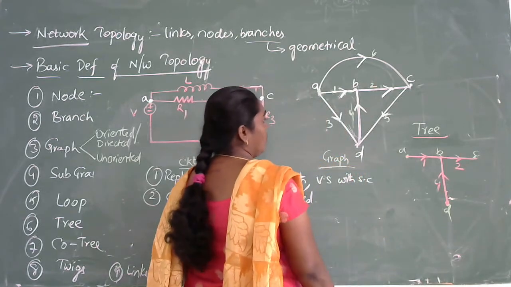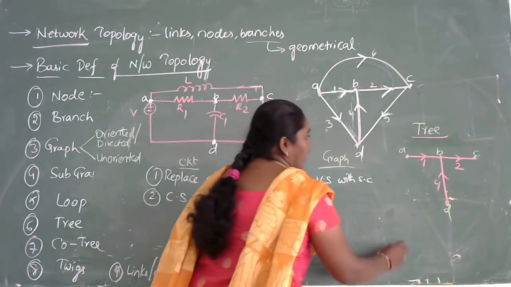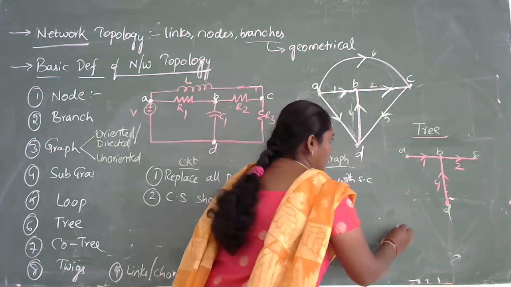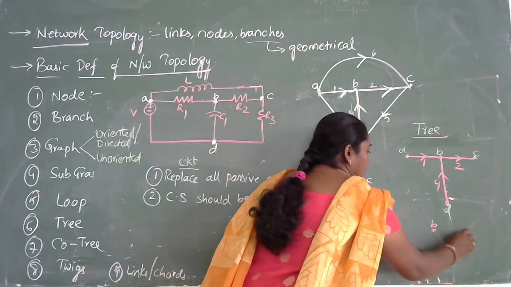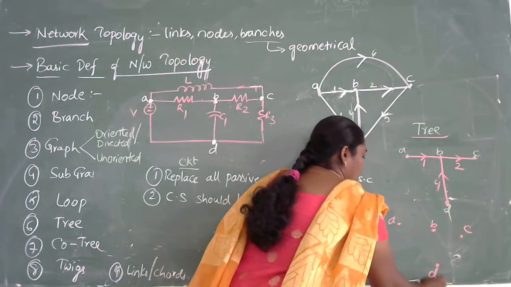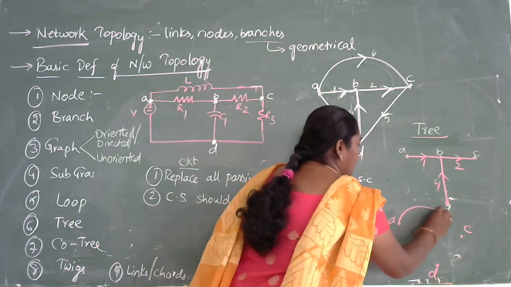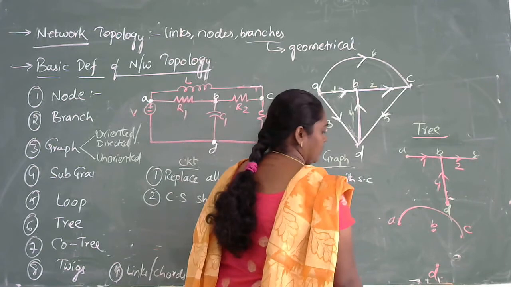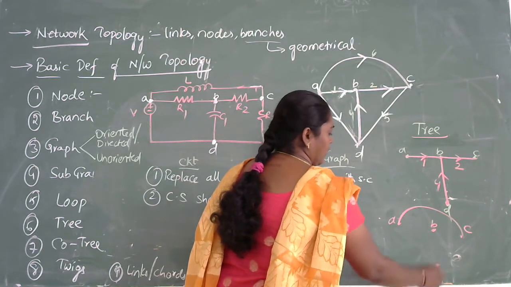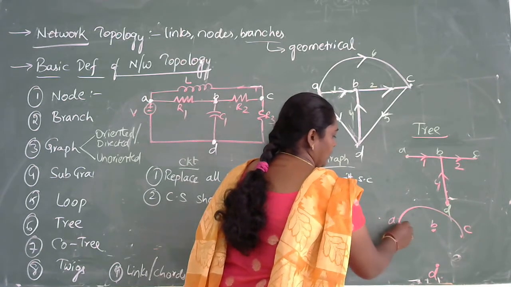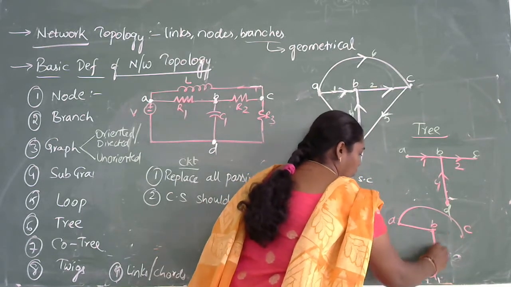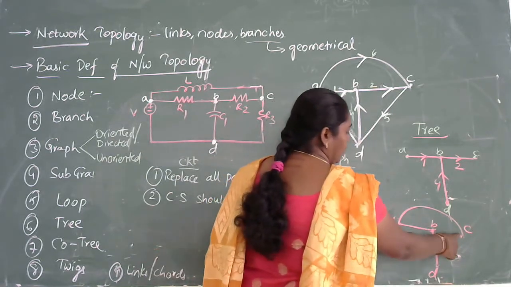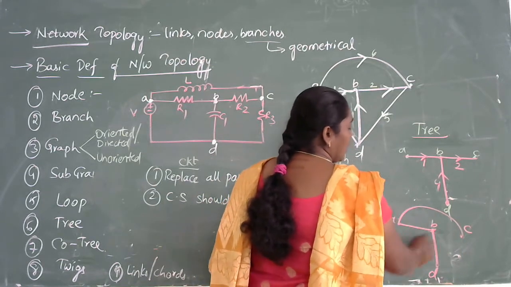If I want to draw one more tree, I can draw it in such a way that, with nodes A, B, C, D, I can draw directly from A to C and A to B, B to D. If I draw B to C, here again I will get a closed path.